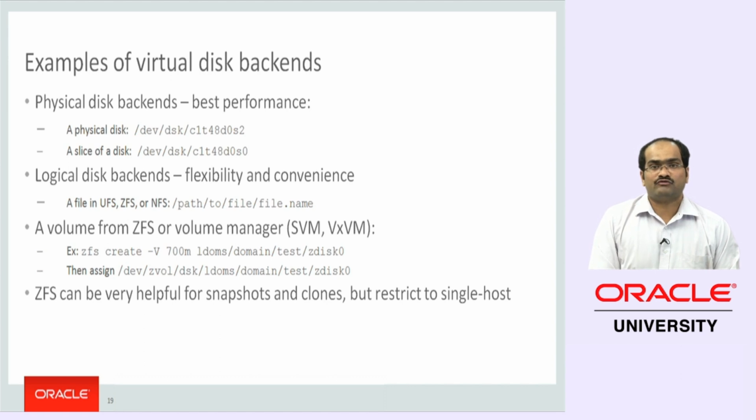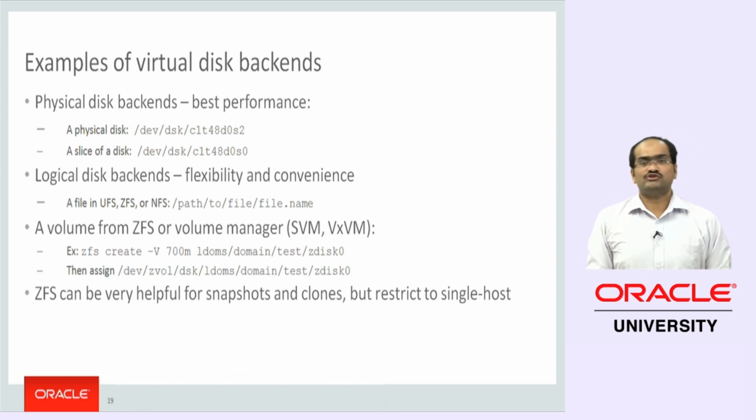The other type of backend you can give to the guest domain is a ZFS volume or any other volume from a typical volume manager like SVM or VxVM. You create a volume and attach it to the VDS server. ZFS can be very useful in creating snapshots and clones very fast, and it is very powerful, but the limitation with ZFS is that a zpool can be imported into only one guest domain at a time.